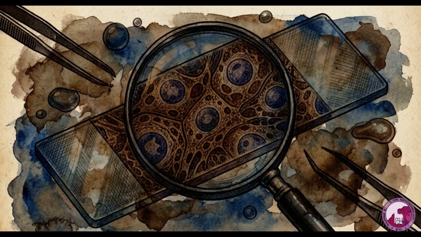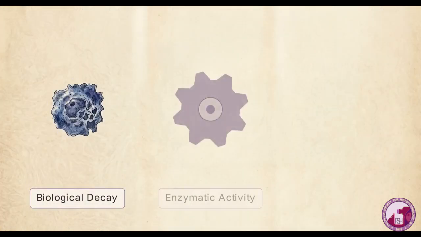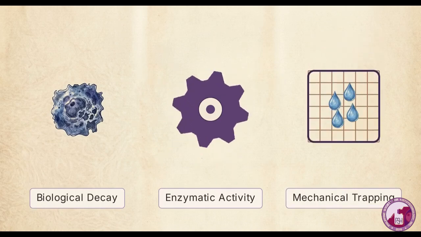Now we shift to the opposite diagnostic problem: slides overloaded with diffuse, noisy, and nonspecific color. Nonspecific binding originates from 3 distinct root causes. First, biological decay; second, enzymatic activity; and third, mechanical trapping.